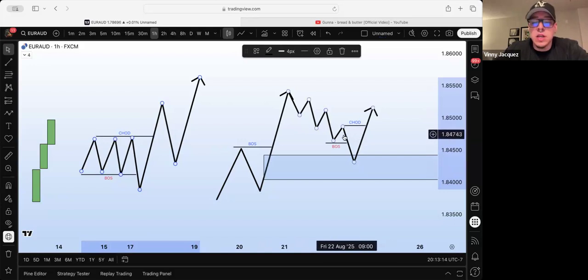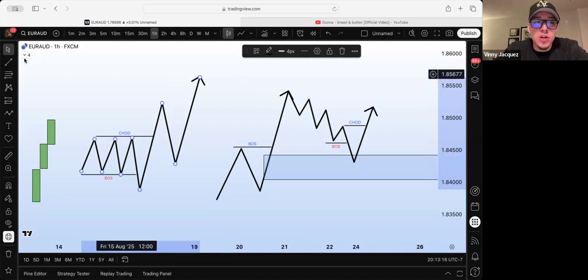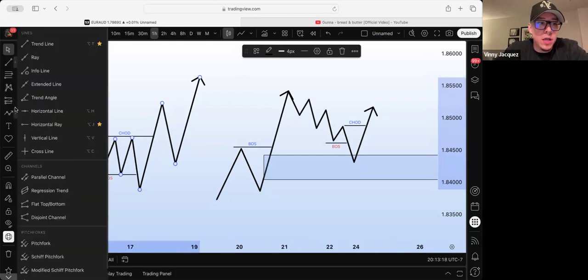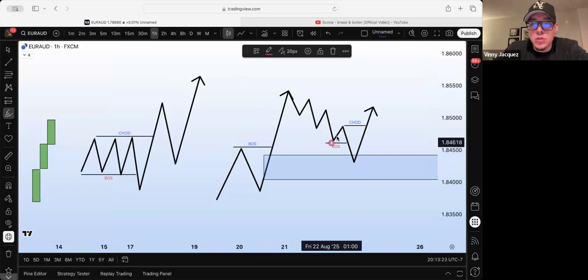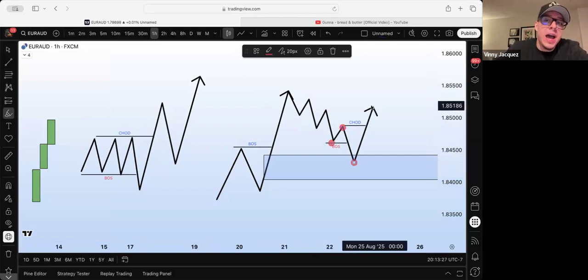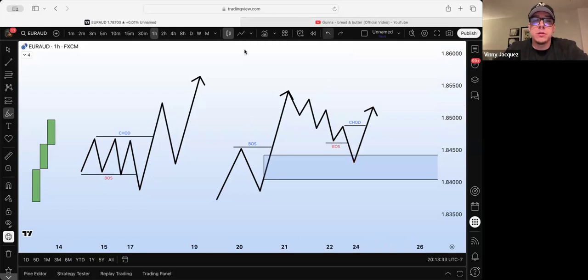Because there's less noise, less thinking. You understand, where am I? You understand lower lows, lower highs, break of structure. Lower lows, higher high, change of direction. So if you can understand this one here, you could for sure understand that one there. Okay, just want to make that known real quick.